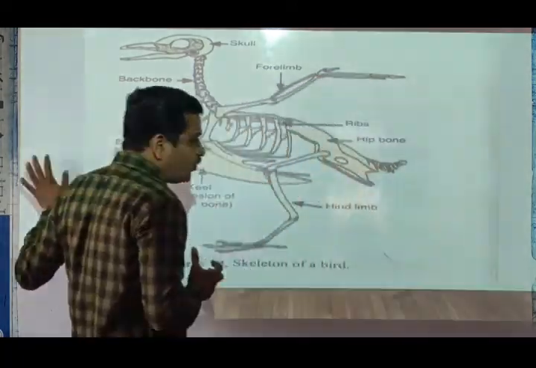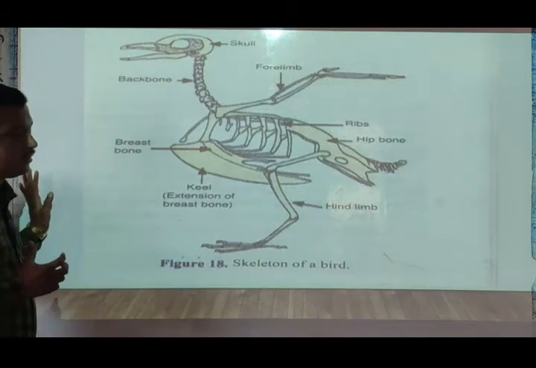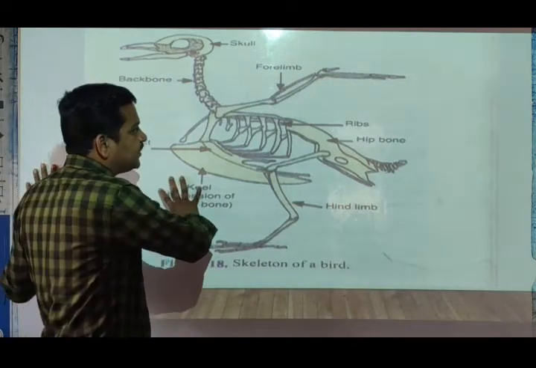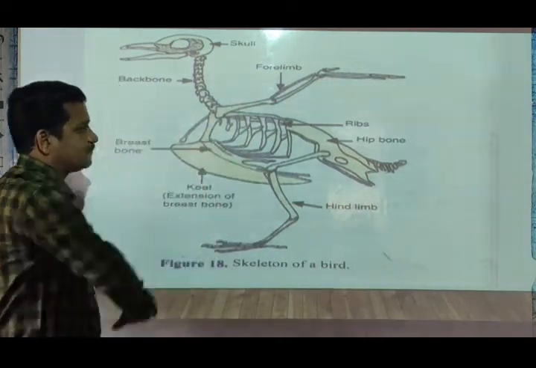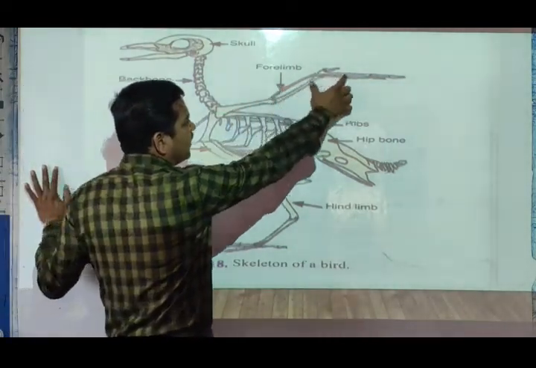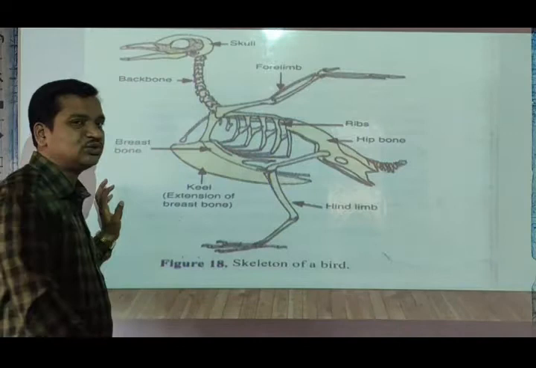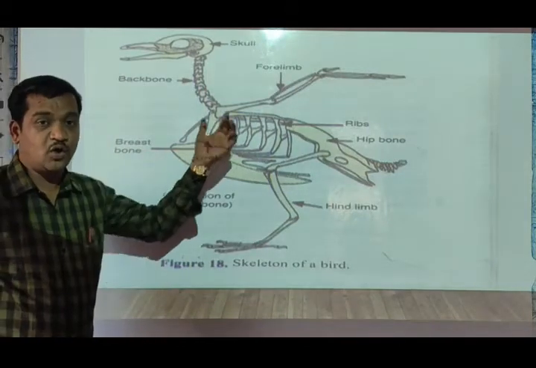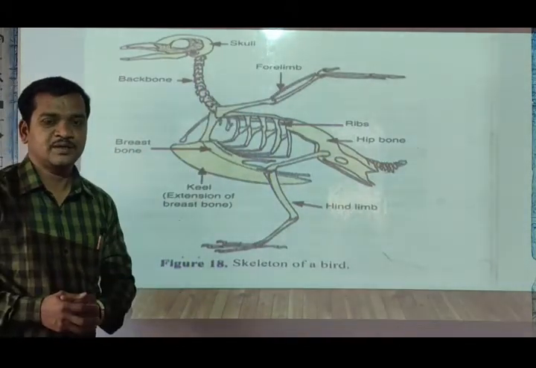The forelimbs of birds are modified into wings for flying. Can you see your forelimbs? So these forelimbs are modified into wings for flying.